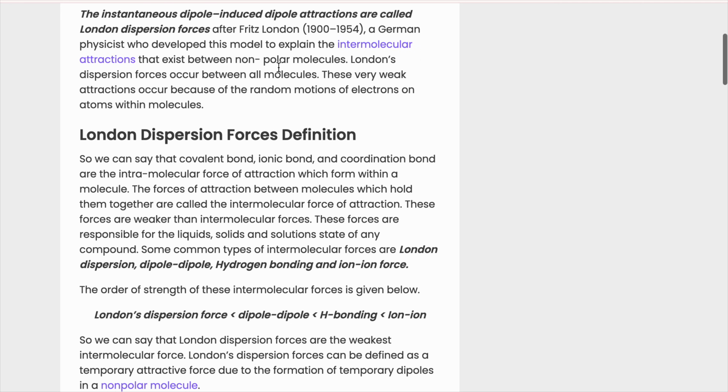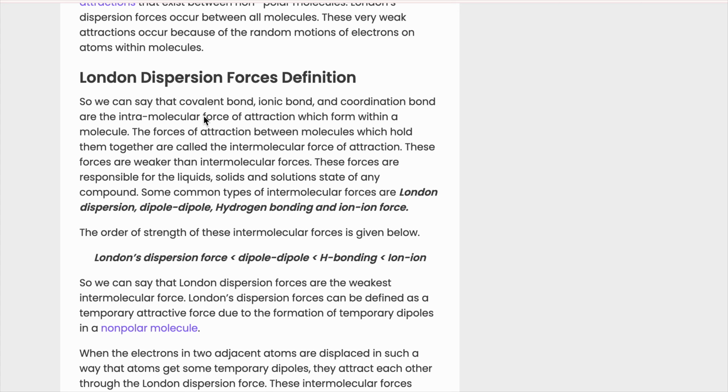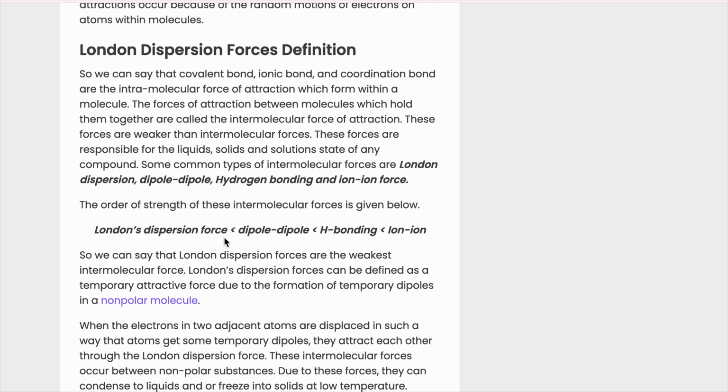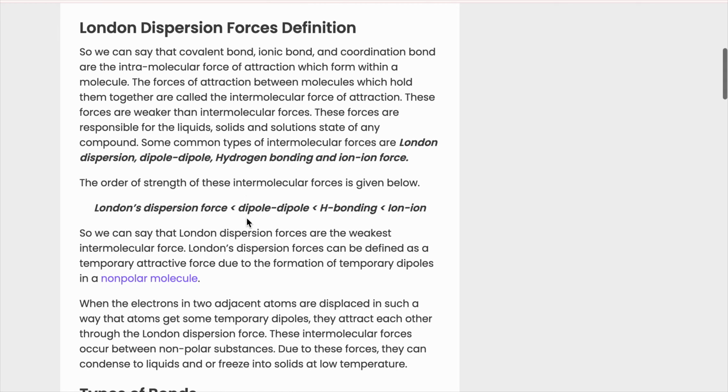London dispersion forces occur between all molecules. These very weak attractions occur because of the random motion of electrons on atoms. London dispersion force is the weakest force, then dipole, then hydrogen bonding, then ionic force.